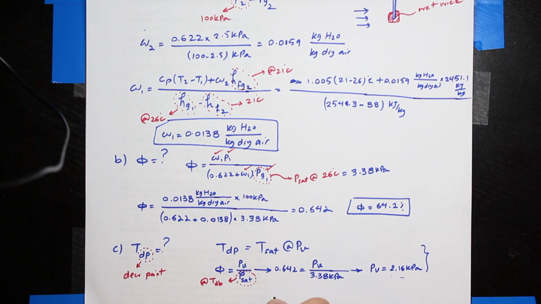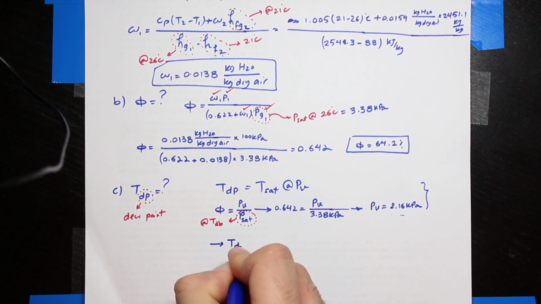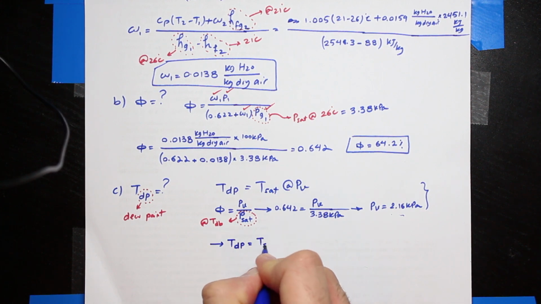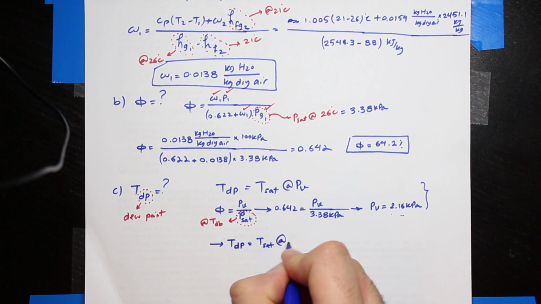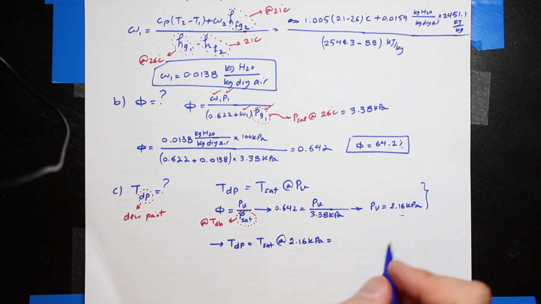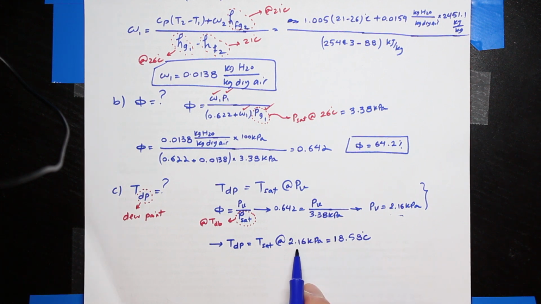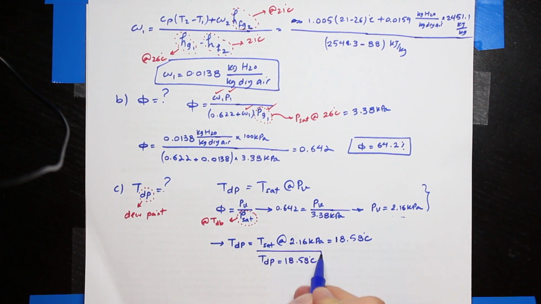So these two give me a conclusion that T dew point is equal to the saturation temperature at 2.16 kPa, which is equal to 18.58 degrees C. So once again, this comes from table A5 this time, because this time we have the pressure. So you want to find the saturation temperature for that. So the dew point temperature at the end of the day is 18.58 degrees C.